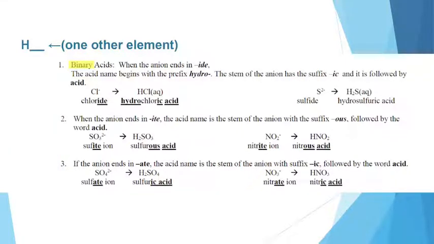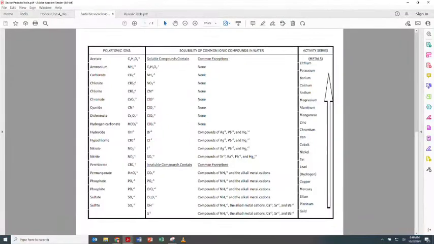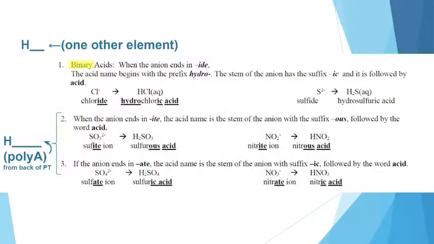The other general type of acid that we have is going to be an acid that has a polyatomic with the H. Those are those elements and groups of elements, rather, from the back of the periodic table that we learned about. All of these polyatomic ions can get with a hydrogen and make an acid. So if we see a polyatomic with an H, then it's going to be one of these second or third types of acids.